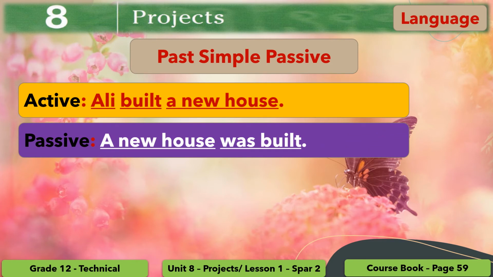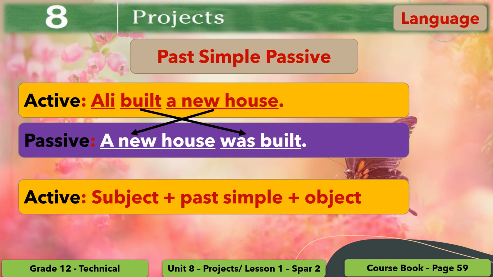We start with the object, a new house, then we use was because a new house is singular, and then we change the verb built, which is past simple, into past participle, which is also the word built.